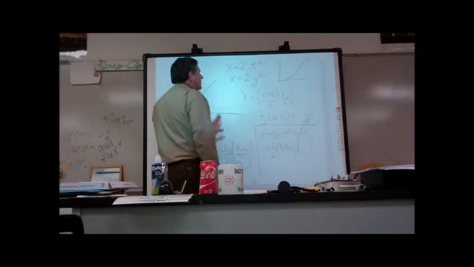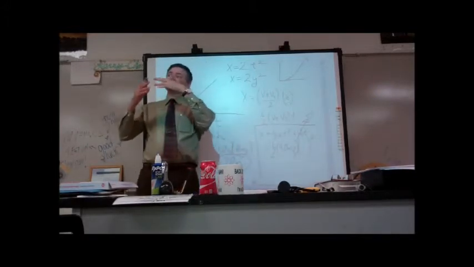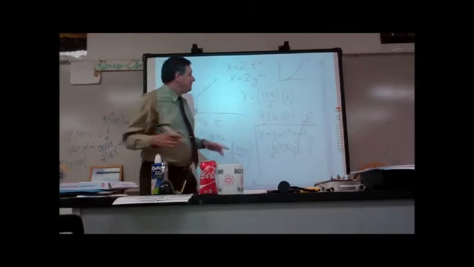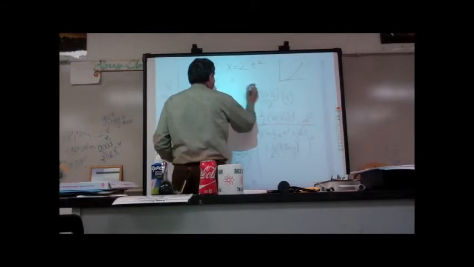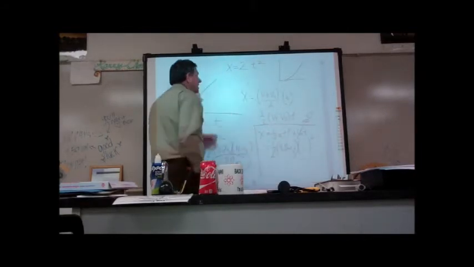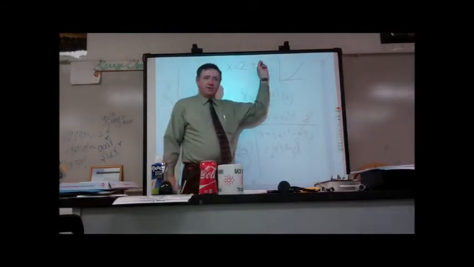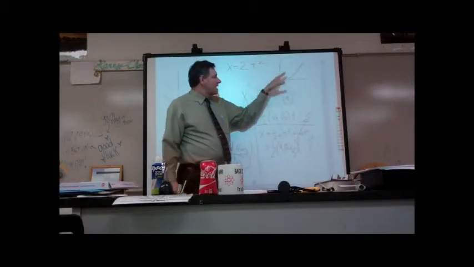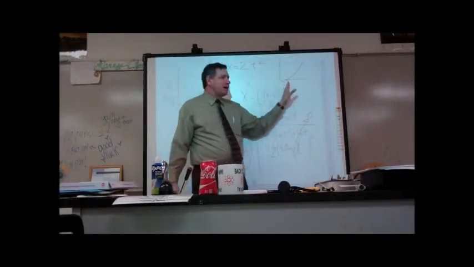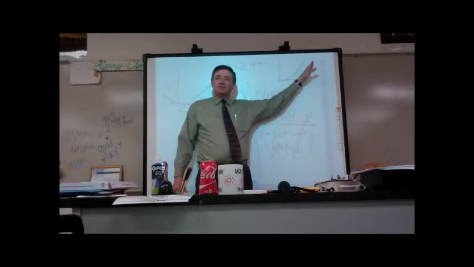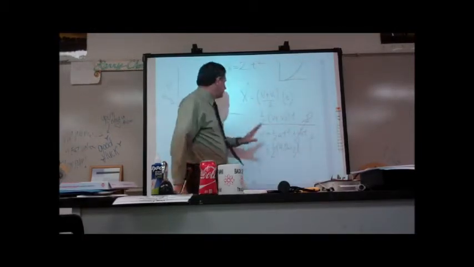Okay, so here's where this turns into a bigger picture, okay? Because of the fact that this is time squared, this is automatically going to take my position time graph and turn it into a quadratic function. So here's what's important.